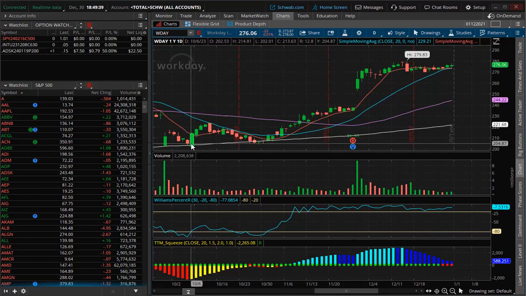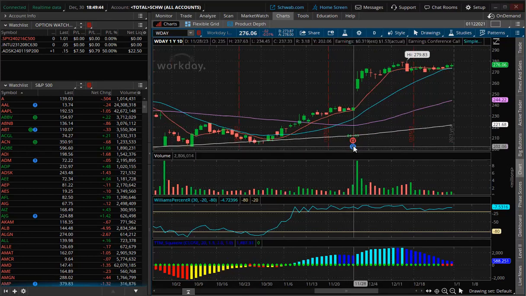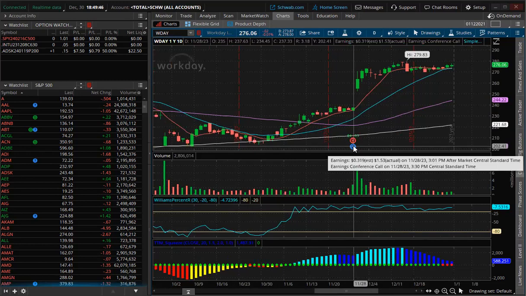Also, in the chart area, you will sometimes notice a little blue and red circle, which indicate the time that this particular company, in this case, Workday, had its earnings report.